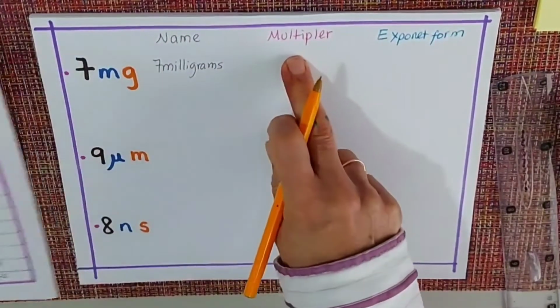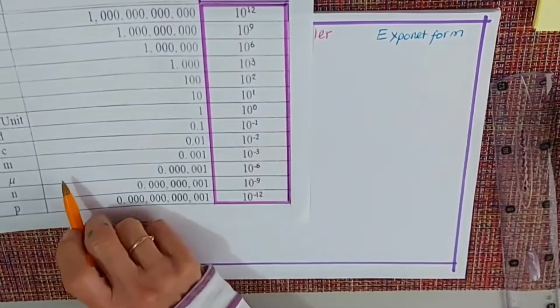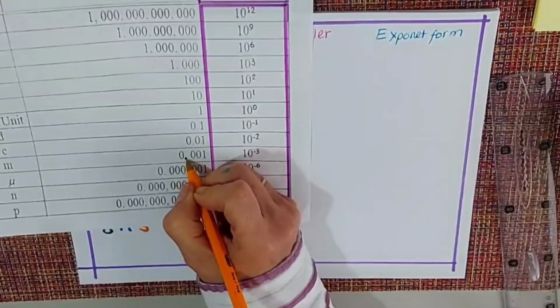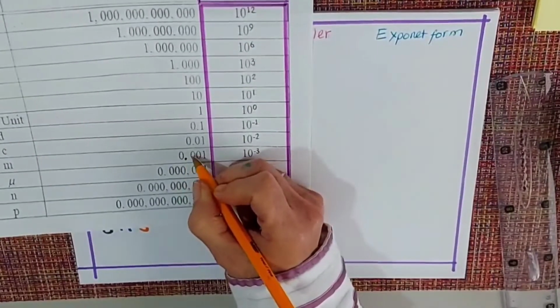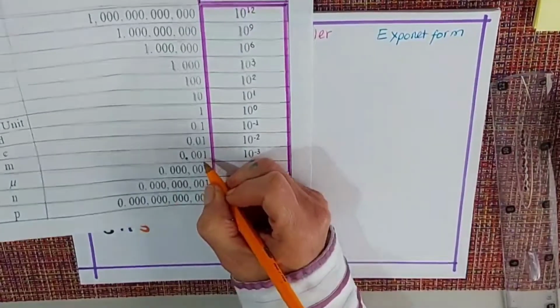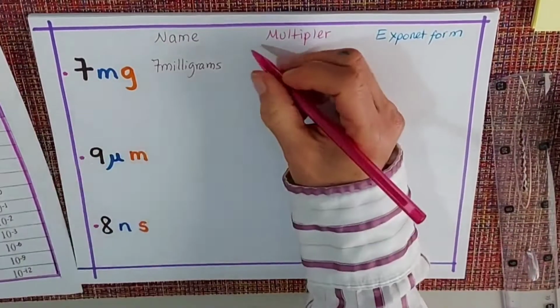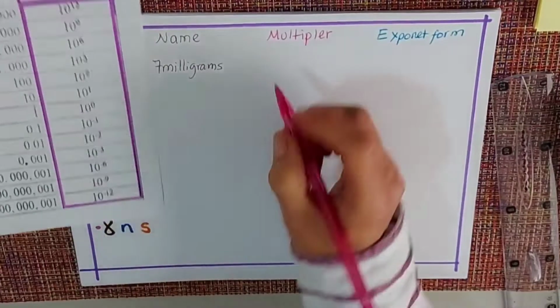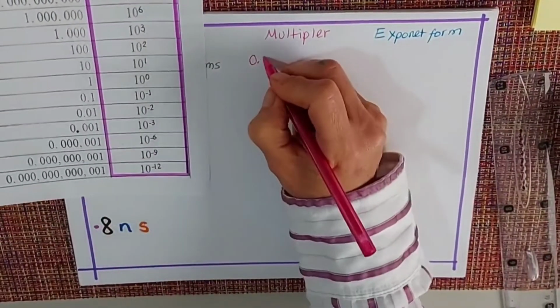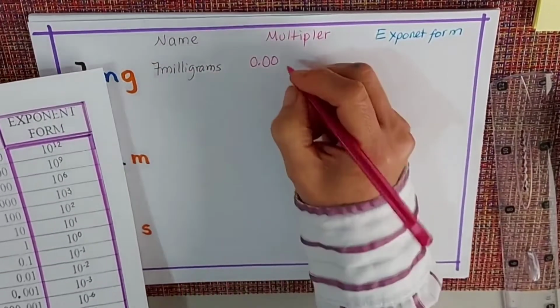And the multiplier, here you can observe that milli is the decimal point, and after the decimal point we need to write 3 places, and here instead of the unit is the number 7. 0 point 0, 0, 7: 1, 2, 3.